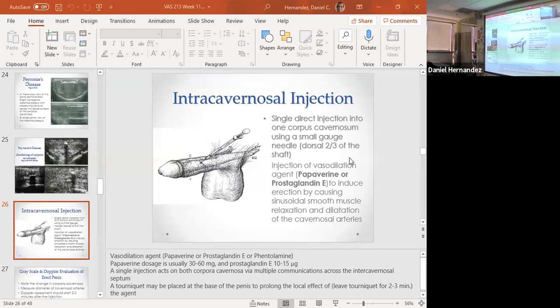So we have intracavernosal injections. This is a direct injection into one of the corpus cavernosa using a small gauge needle into the dorsal two-thirds of the shaft. We inject a vasodilating agent to induce erection, causing sinusoidal smooth muscles to relax and dilatation of the cavernosal arteries.